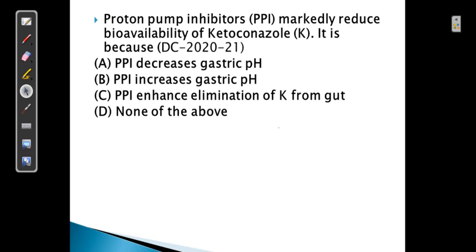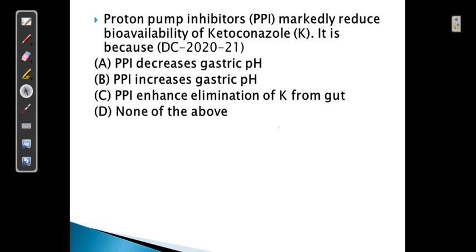Now we know that proton pump inhibitors are used to prevent acid secretion. They bind with the proton pump, which is the terminal step of acid secretion, and decrease the acid secretion. So PPIs will increase the gastric pH.